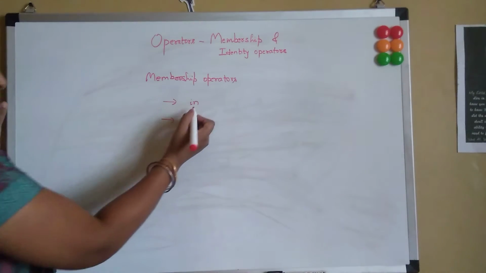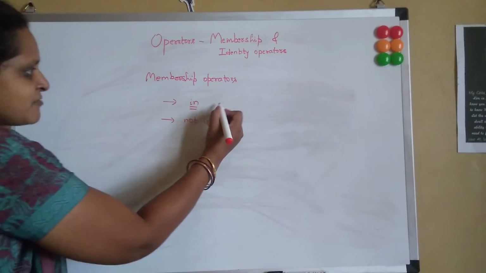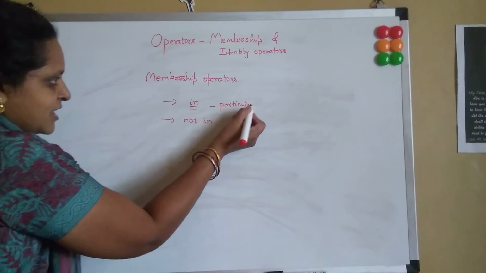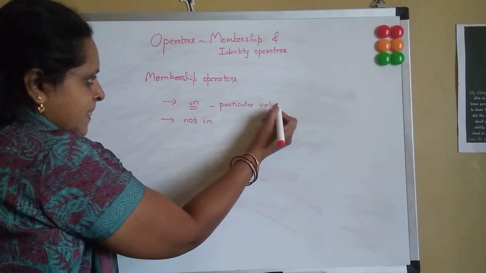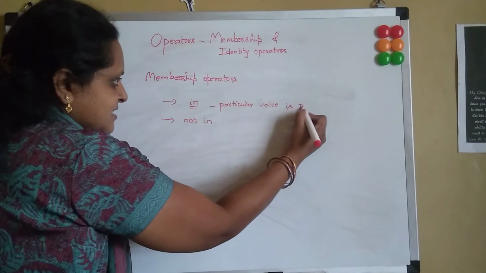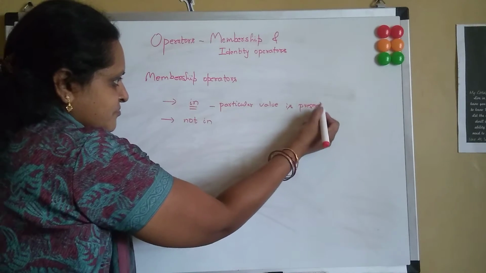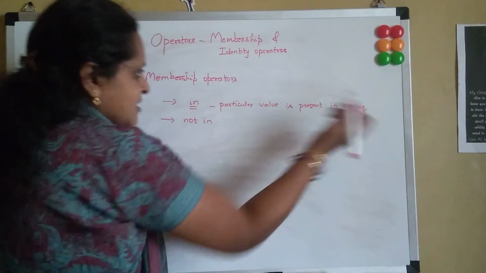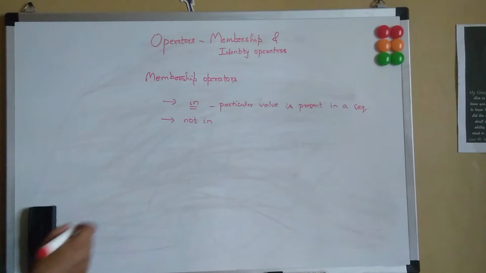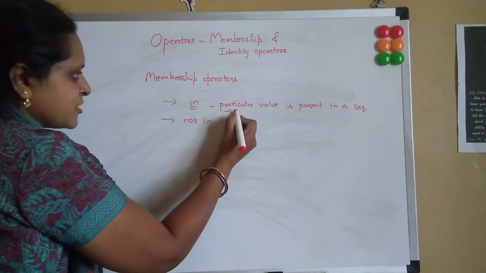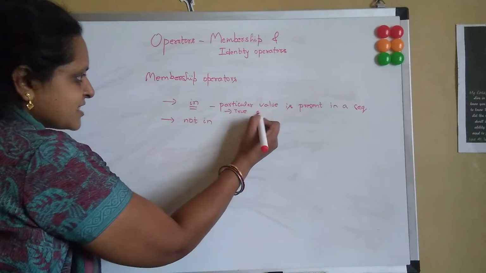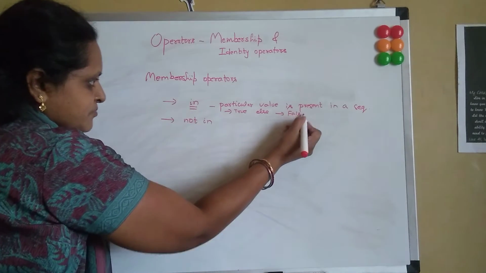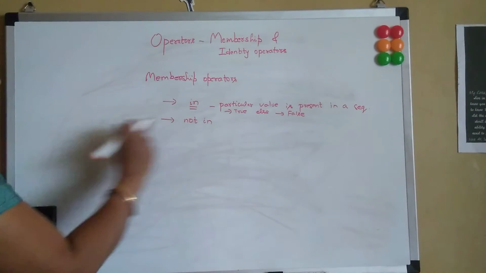The in operator checks if a particular value is present in a sequence. If it is present, it returns a Boolean value true, else it returns a Boolean value false. So what does not in do?